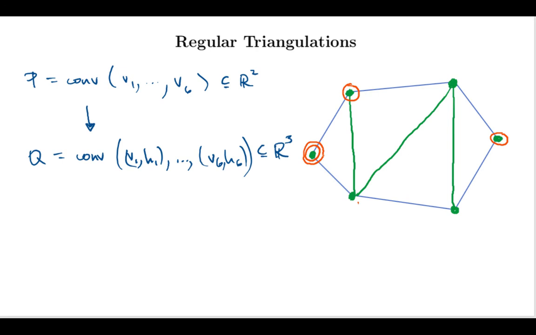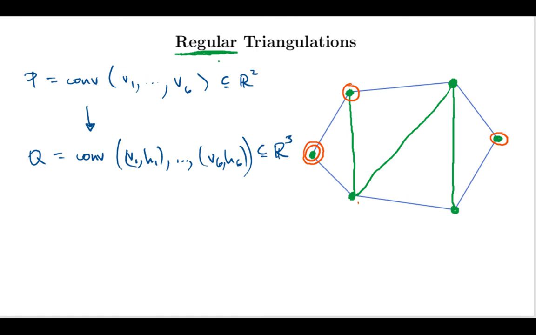Any triangulation that's obtained in this way is called regular, so that's the word that you see here on top. Not all triangulations are regular. This is another instance where 2 dimensions are special. So in 2 dimensions, and you can think about why this is true, any triangulation of a polygon that doesn't use any new vertices will be regular, but this is far from true in general dimension.